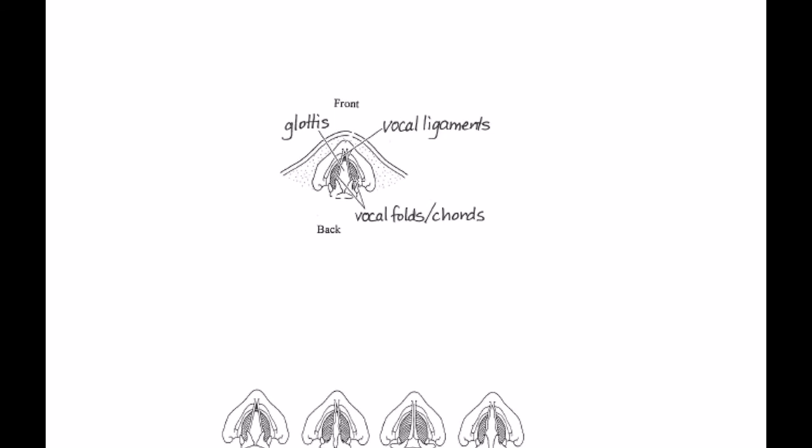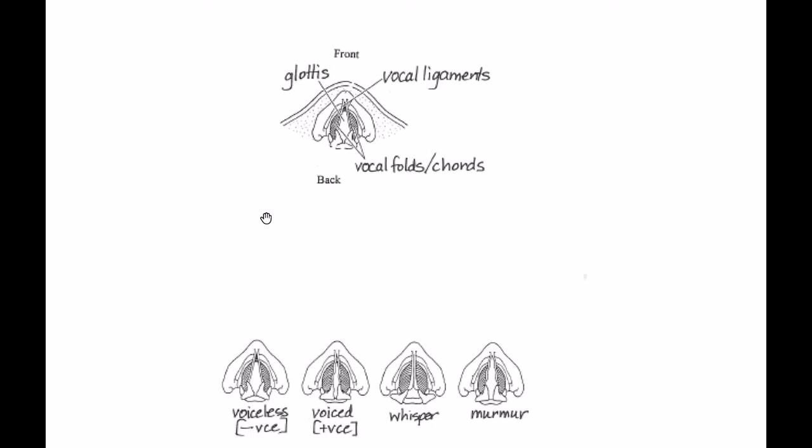The vocal folds or cords are attached to these vocal ligaments that are stretched back to front, attached to these arytenoid cartilage pieces, which are attached to muscles which control the size of the glottis. So the vocal ligaments are pulled together or apart to change the size of the glottis, which will influence what kind of sound we have.